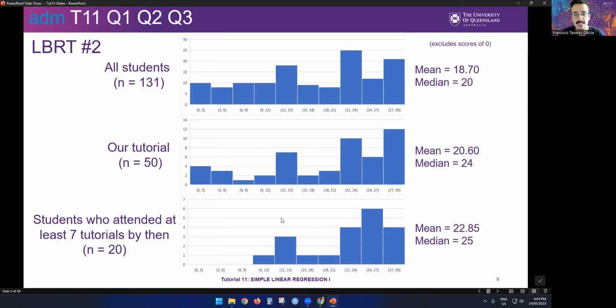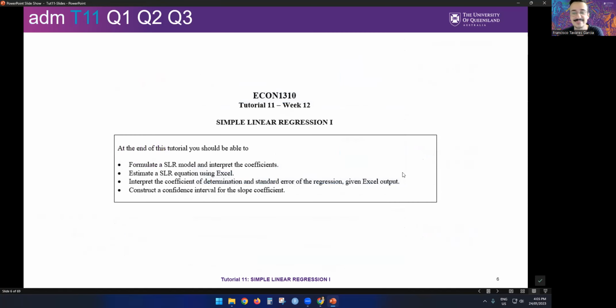So as you can see here, even more concentrated in the higher grades. There were 20 students who attended 7 or more tutorials, and this only considers my tutorial, not the other tutorials. Okay, so good job. You did really well. Congratulations. Let's keep the bar up, right?